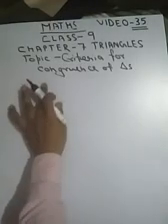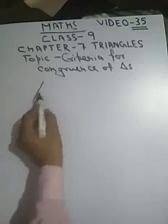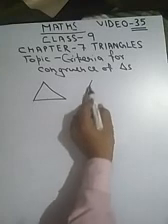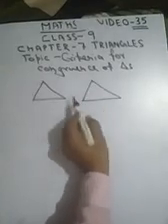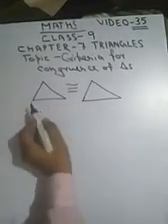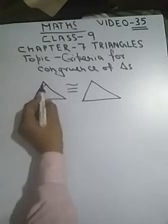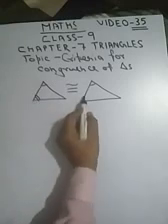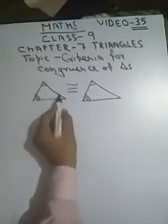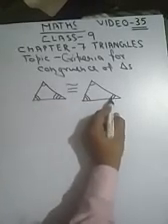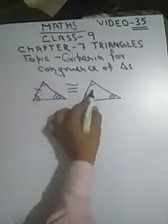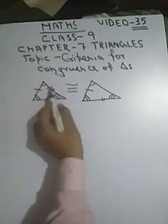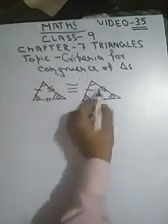See, two triangles are congruent. Suppose this triangle is congruent to this triangle, then it means that this angle is equal to this angle, this angle is equal to this angle, this is equal to this angle, and this side is equal to this and this.